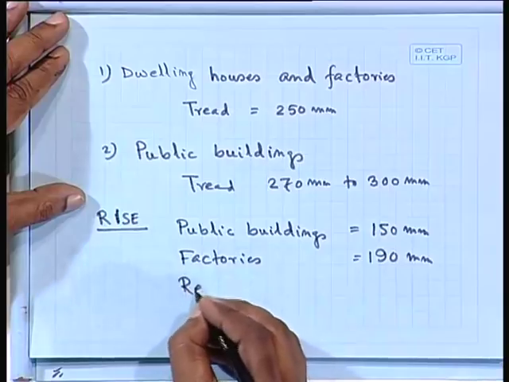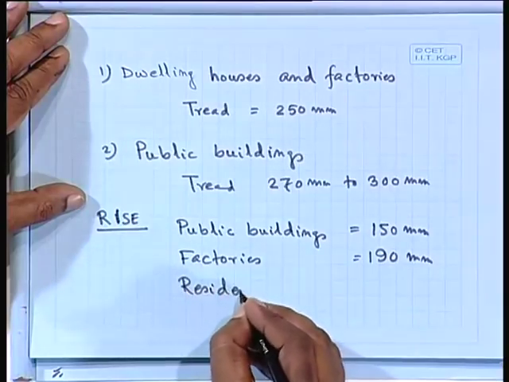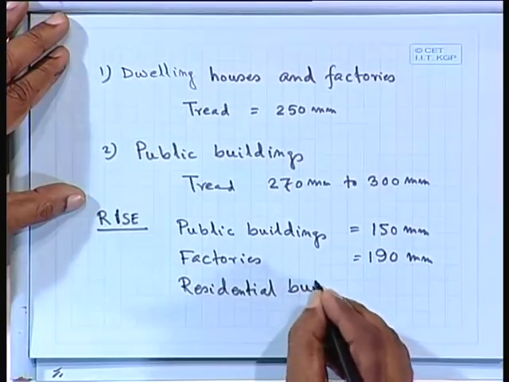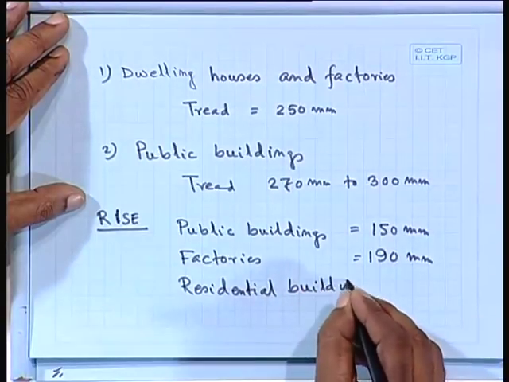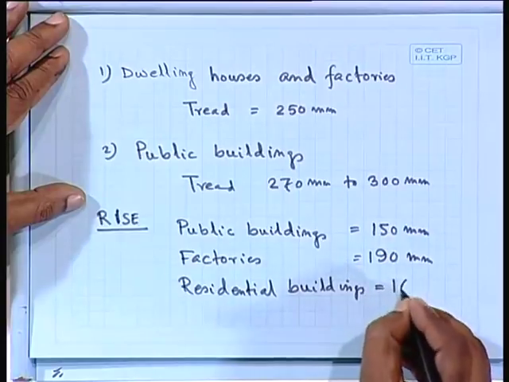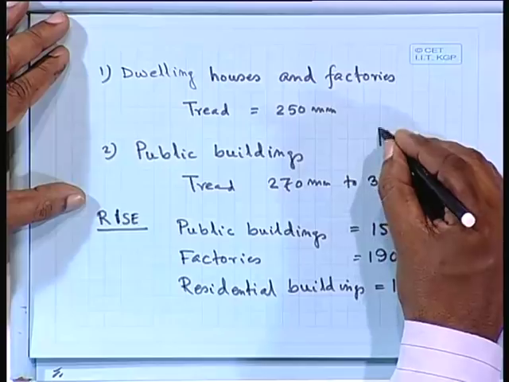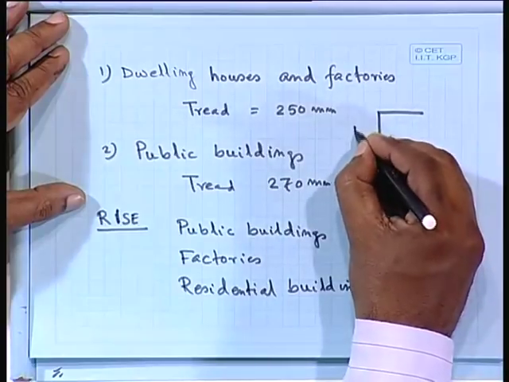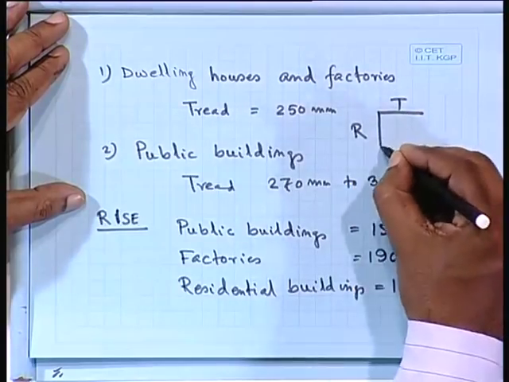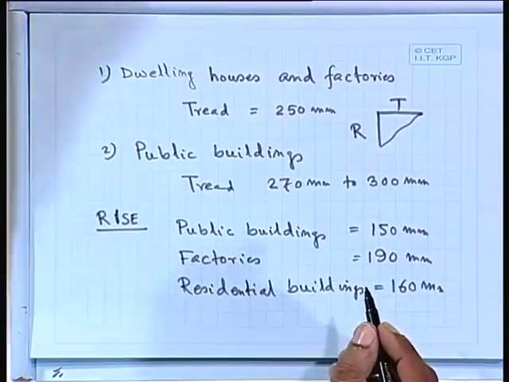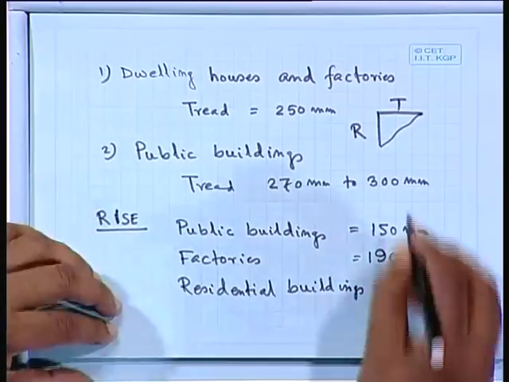For residential building, say 160 millimeter. So this is your rise and this is your tread, or we can say the going.